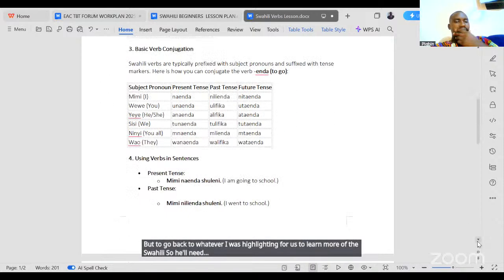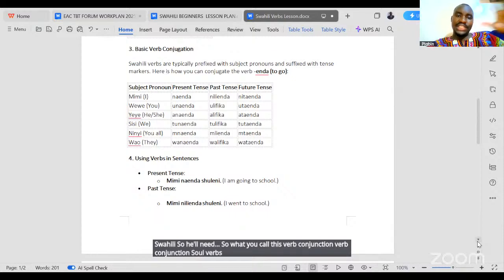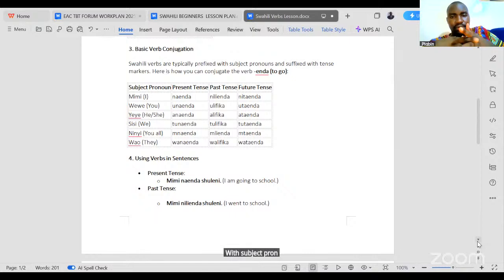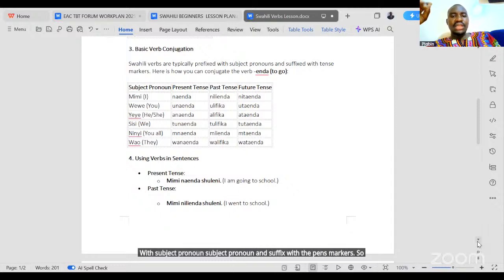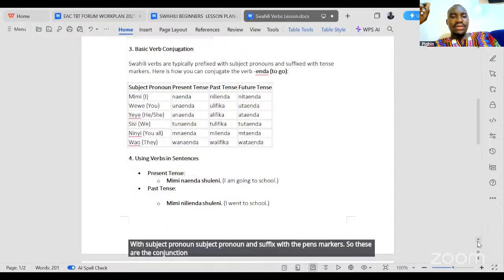So what we call is verb conjunction. Swahili verbs are typically prefixed with a subject pronoun, and suffixed with tense markers. So this is how the conjunction for the verb enda will appear. Enda, which means go. Last time we learned some pronouns.